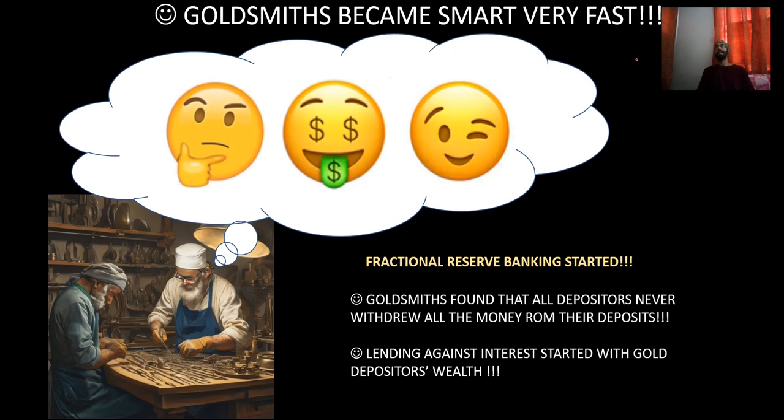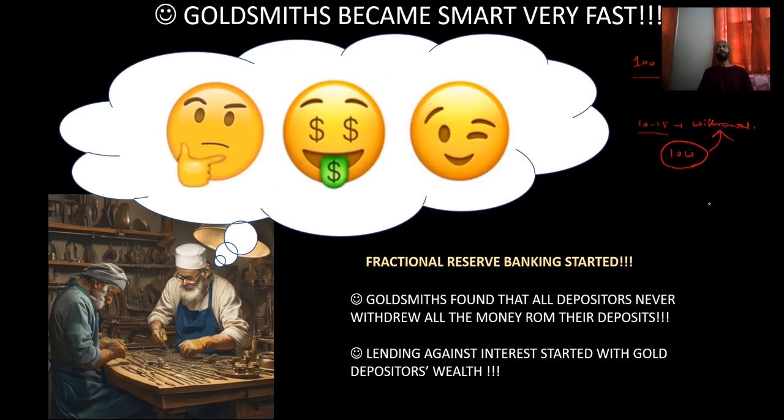They realized that if 100 persons deposited coins with them, in their secured chambers, out of those 100, at any single time, only 10 or 15 people would come and show their IOU certificate and ask for withdrawal.